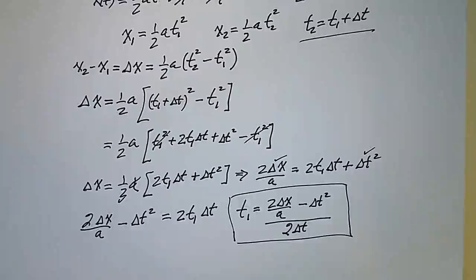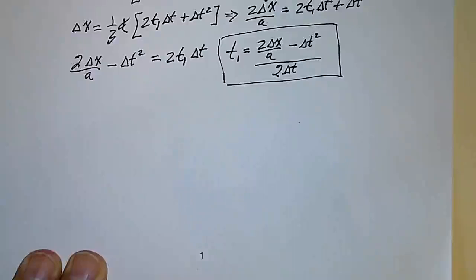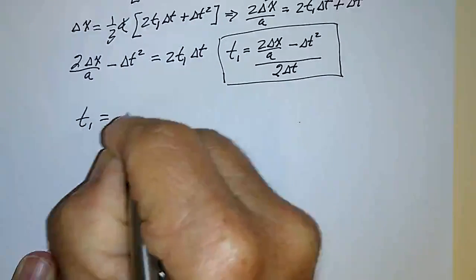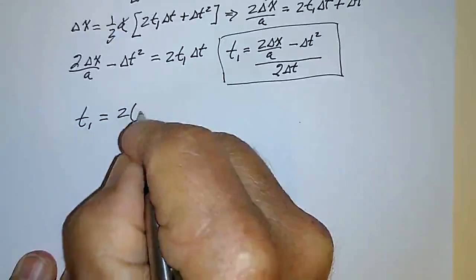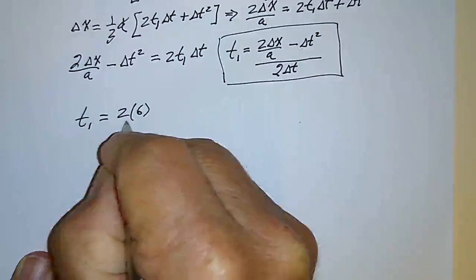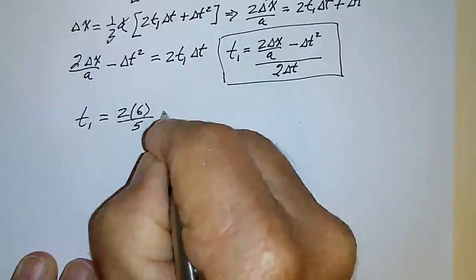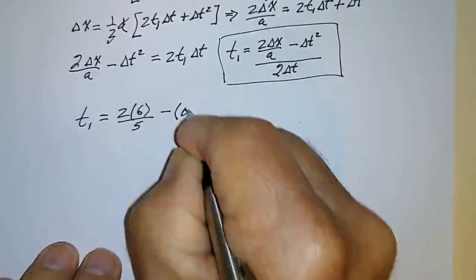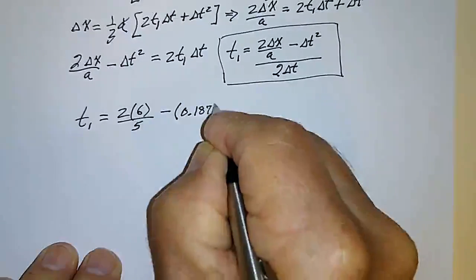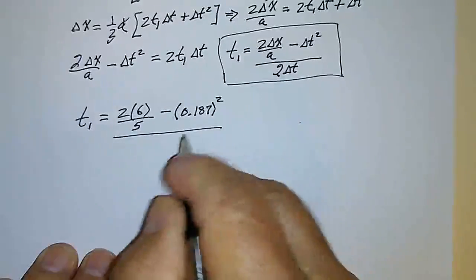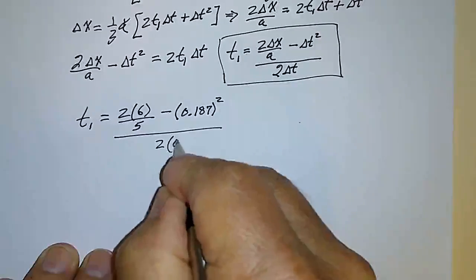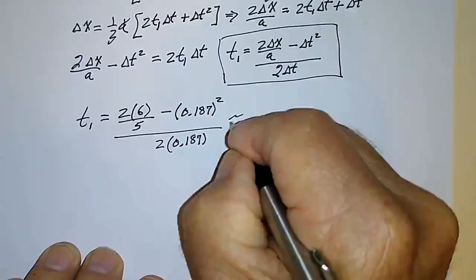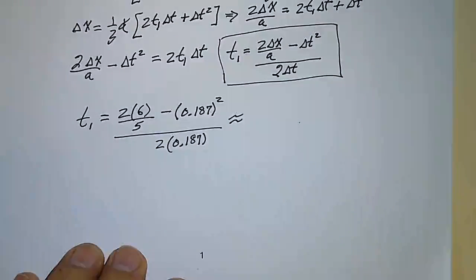So plugging in these numbers, t1 is equal to 2 times delta x, which is 6, divided by a, which is 5, minus delta t squared, which is 0.187 squared, and all of this is over 2 times 0.187. Let me grab my calculator.